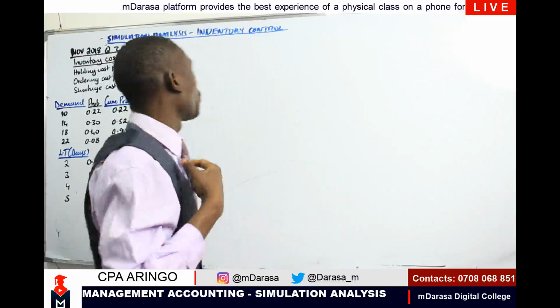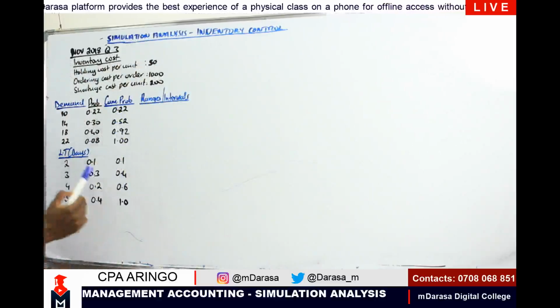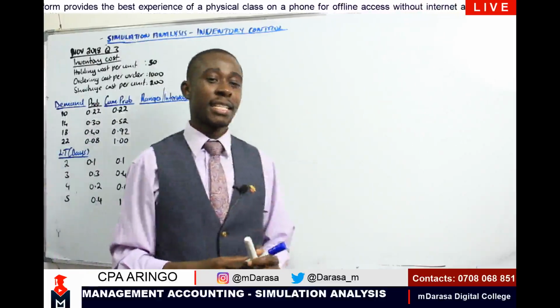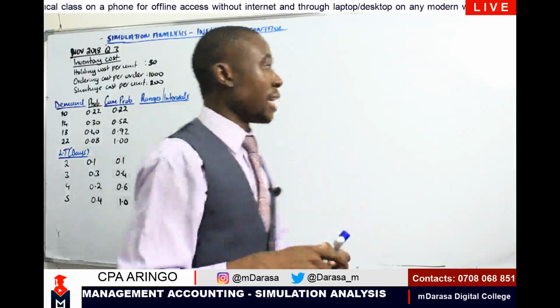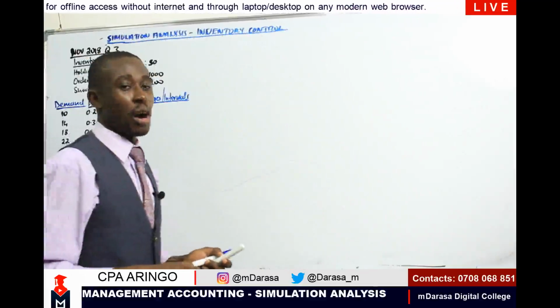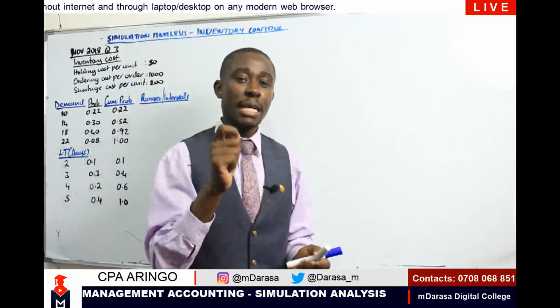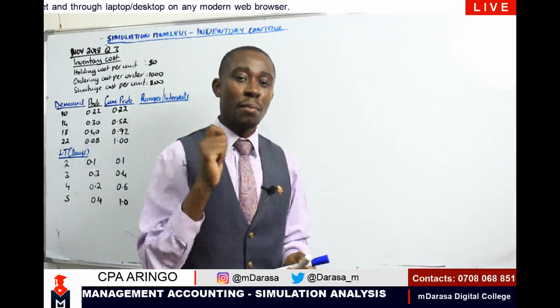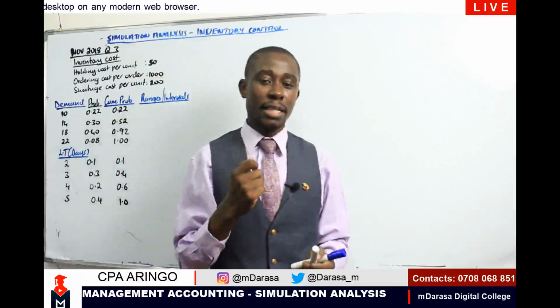In coming up with our ranges, recall that cumulative probabilities will always guide us. And mark this correctly: I must always consider the number of decimal places given. In demand, I'm given 2 decimal places for probability, therefore our range must also be in 2 digits. If I'm given 1 decimal place, our range should be 1 digit.